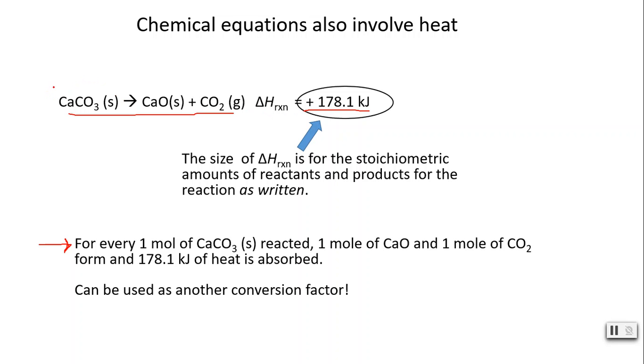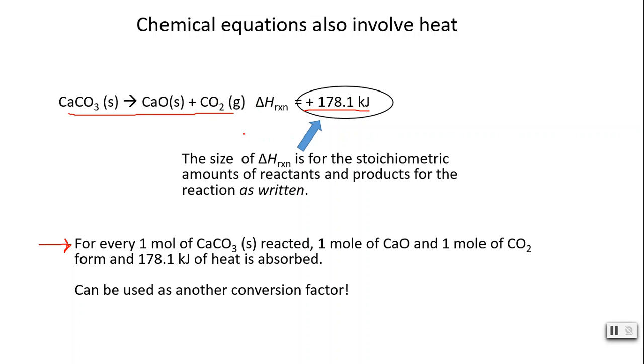So if I was to put a 2 in front of all of these species, if I was to decompose not 1 mole of calcium carbonate, but 2 moles of calcium carbonate to give me 2 moles of calcium oxide and 2 moles of CO2, I bet you could guess what would happen with the amount of heat. If you put more logs on a fire, you get more heat out. So those coefficients increase the amount of heat. So if I multiplied all of my species by 2, I would have to multiply this by 2.